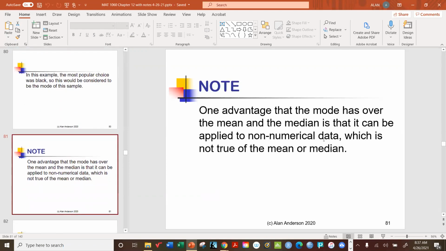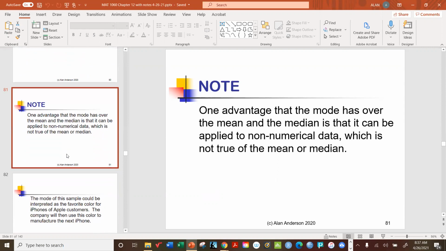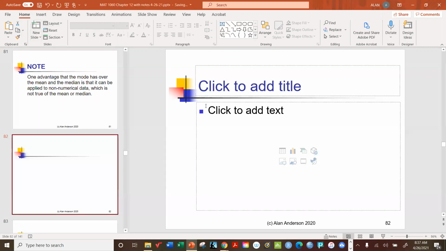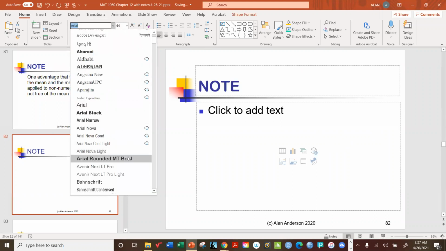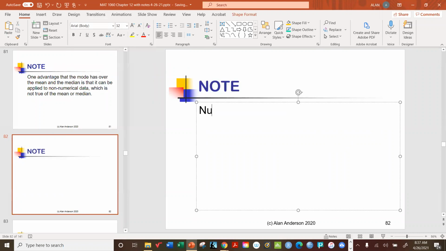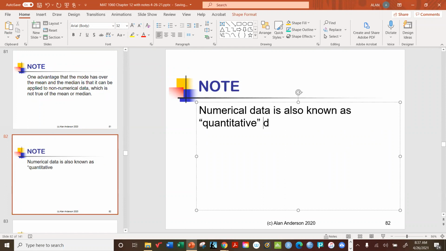Okay, here we go, non-numerical data. All right, so what I'm going to do here is introduce a definition for us. And this is just for your benefit. So just in general, we say that numerical data is also known as quantitative data.